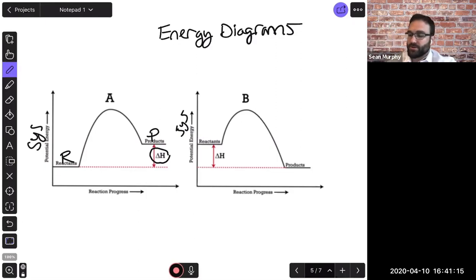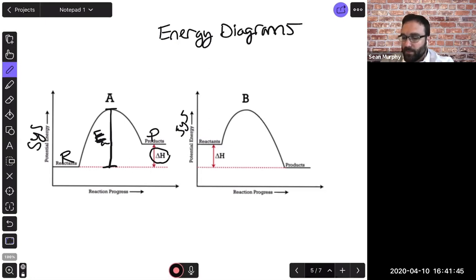This is called my activation energy, often represented with a capital E with a lowercase a. That's my energy of activation. It needs a little extra energy to get from reactants to products.